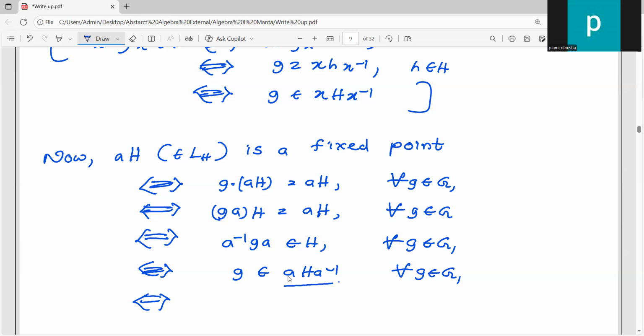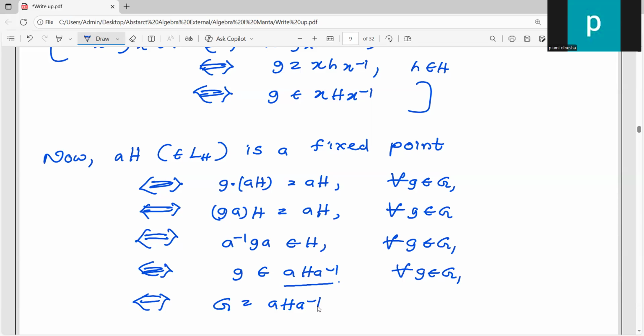So our only possibility is that G is equal to aHa inverse. Because the statement that we just wrote, g is an element in aHa inverse for every g, means that G must be a subset of this. But G is the bigger group.